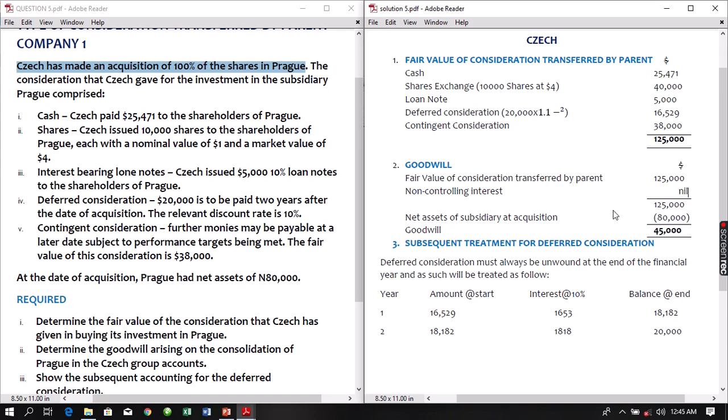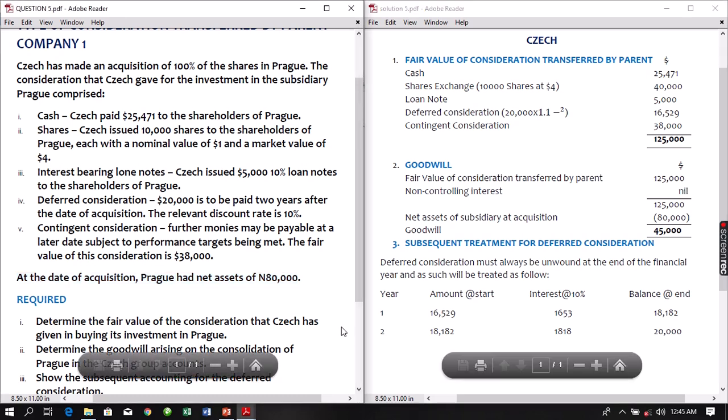Don't forget, we normally less our net asset of subsidiary at the date of acquisition, and it is given to us in this question that at the date of acquisition, Prague have a net asset of $80,000. So in this case, coming here, net asset of subsidiary at acquisition $80,000, giving me my goodwill to be 45,000. And that is the end of requirement 2.